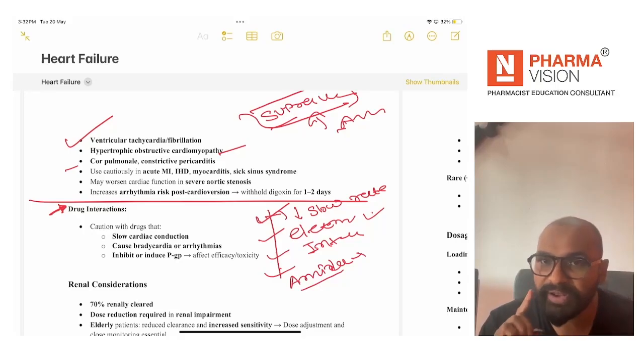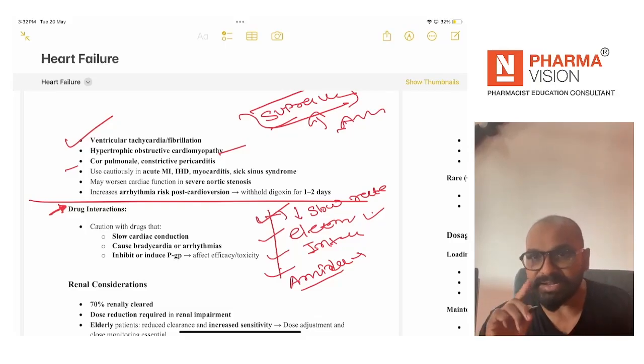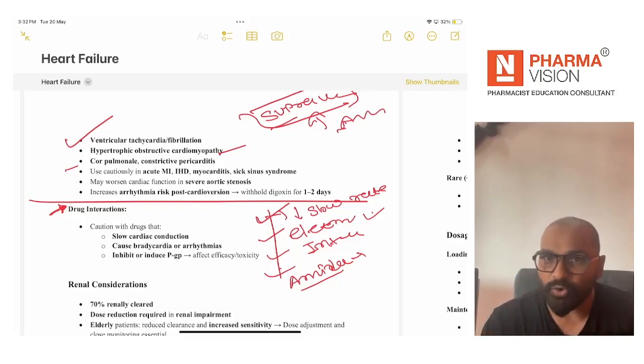This is also a very important medication for arrhythmia. When digoxin and amiodarone are taken in combination, that significantly increases the digoxin level. Amiodarone significantly increases the digoxin level.